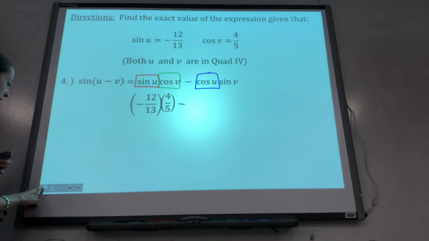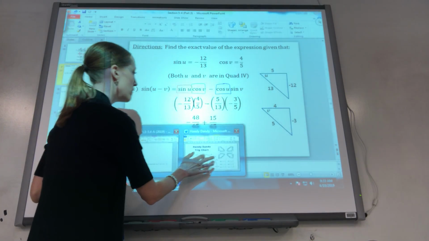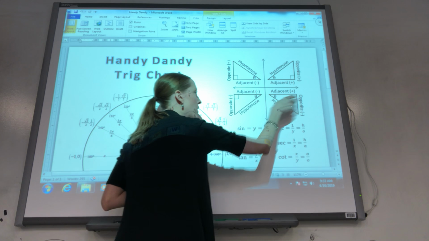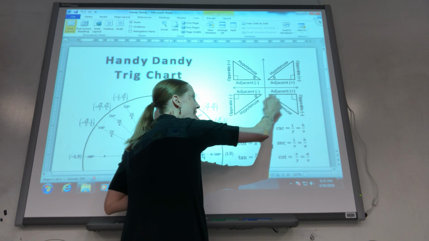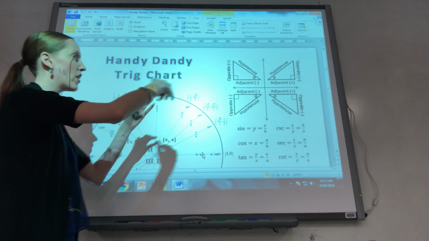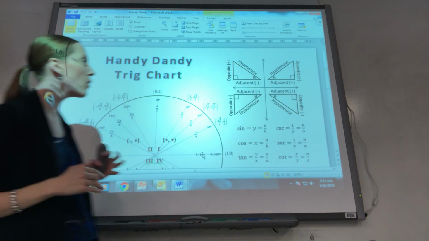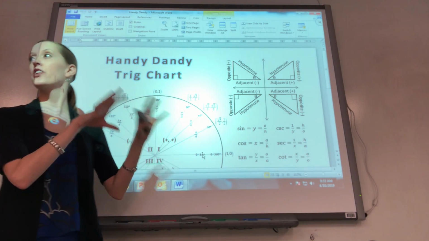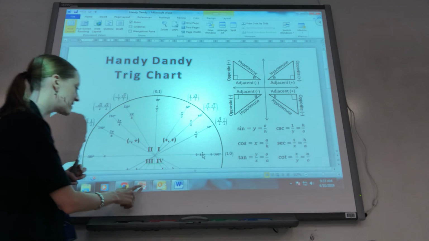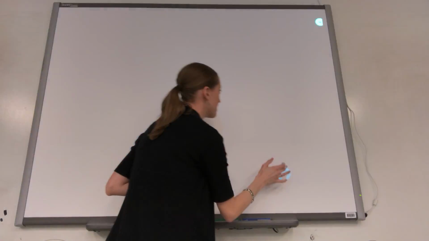If I'm in quadrant 4, I could probably sketch a right triangle, and then maybe use some of that other information to help me label the triangle. Let's try to start there.